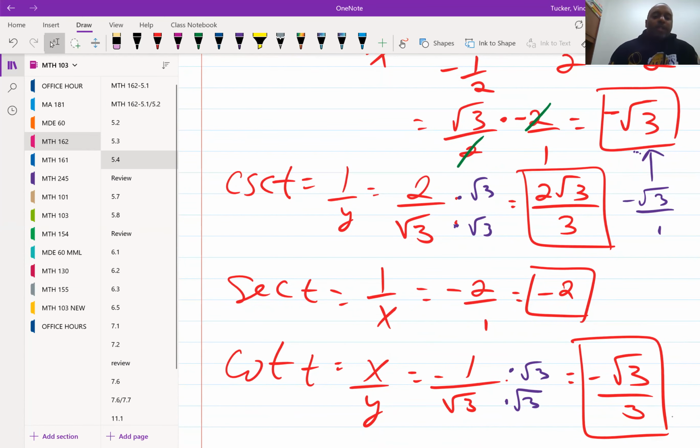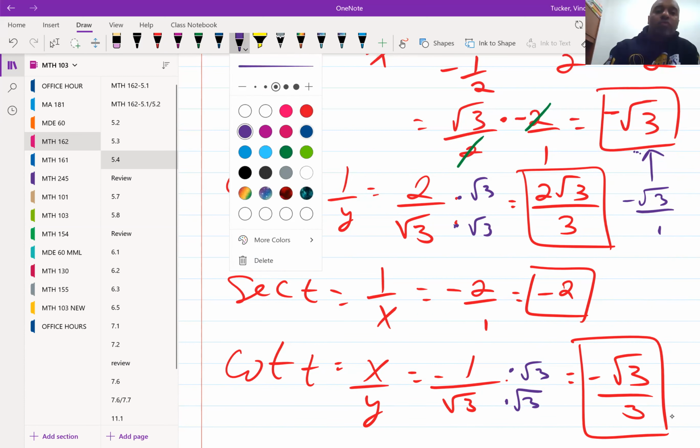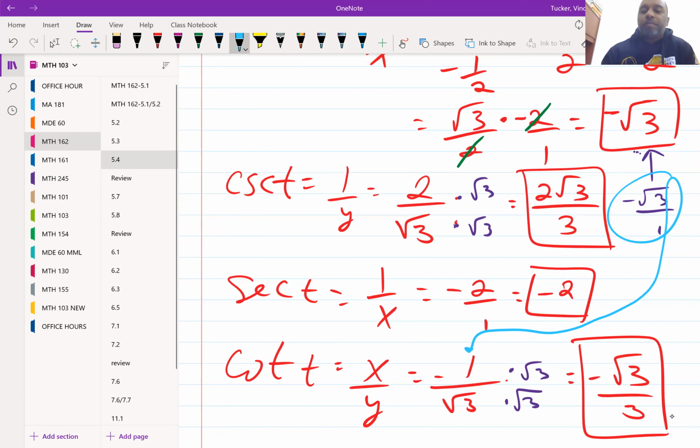Then the last one, cotangent. So we could go back and put x over y, or we could just take the inverse of the result of tangent. So that's what I did here. Tangent is negative square root of 3 over 1. Just flip that. So that's negative 1 over square root of 3.